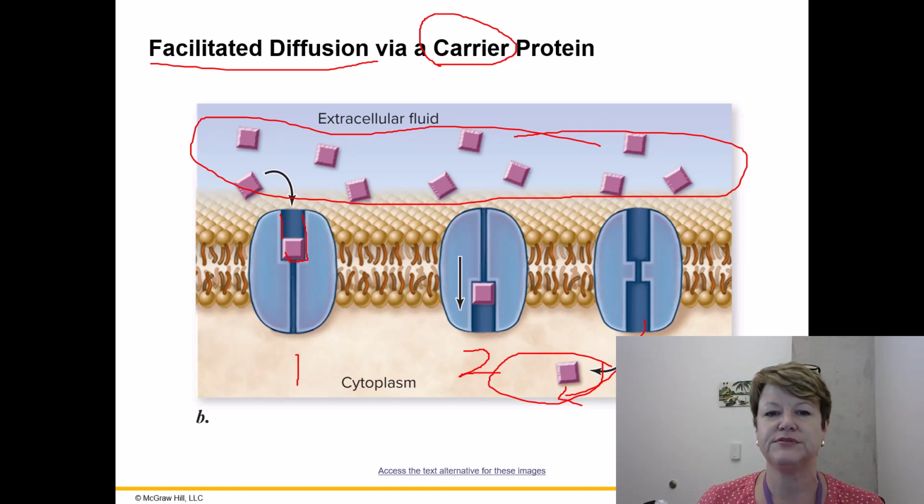So this is a diffusion, but this is a carrier protein simply because there's an indication in the artwork that there is some kind of shape change that happens as part of the process. Otherwise, a channel and a carrier aren't really that different. They both can move molecules across membranes. And if it's moving from an area of higher concentration to an area of lower concentration, then it's a facilitated diffusion.